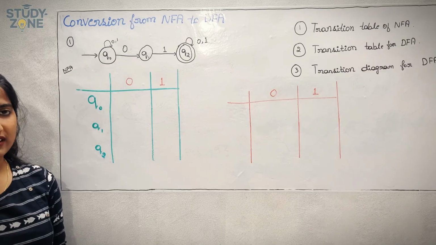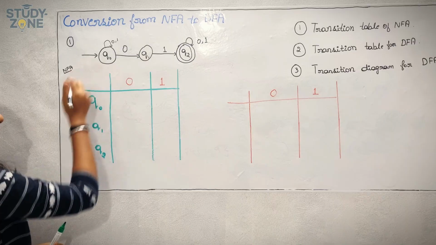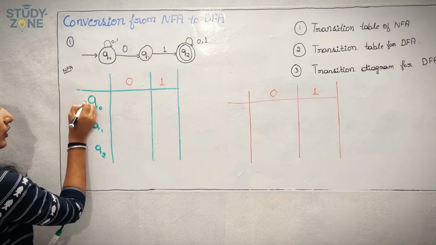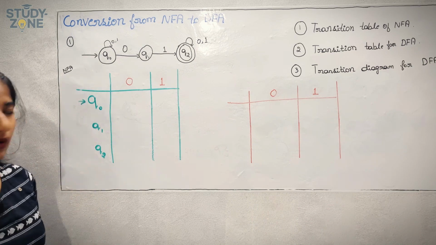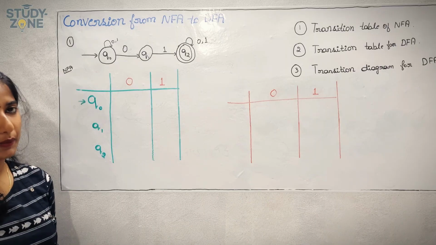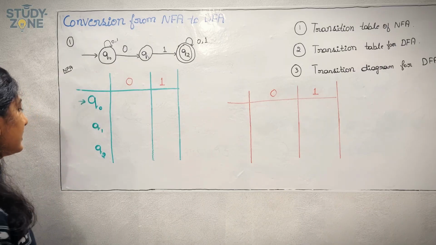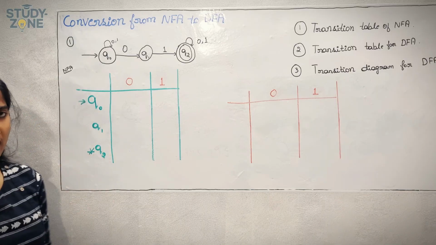The starting state is Q0, which is represented with the help of an arrow. And what is the end state? The end state is represented with a double circle, so the end state is Q2. Here we represent it with a star.